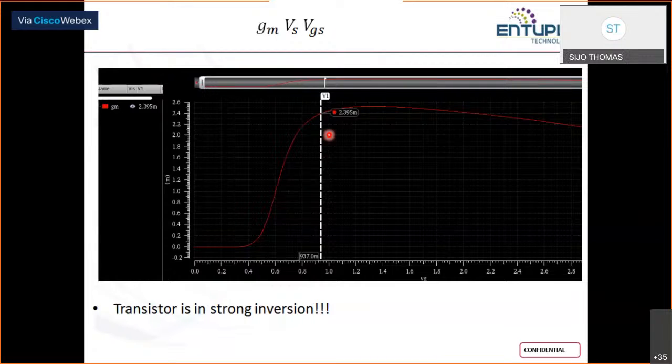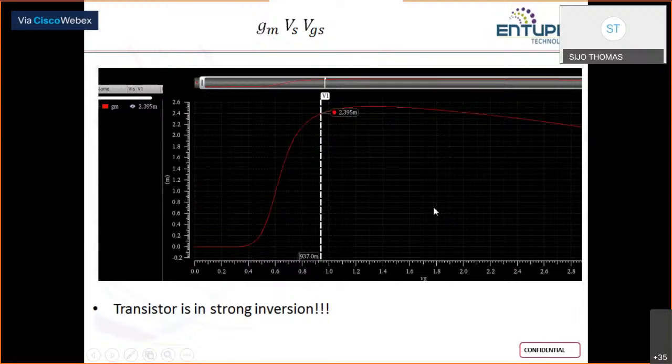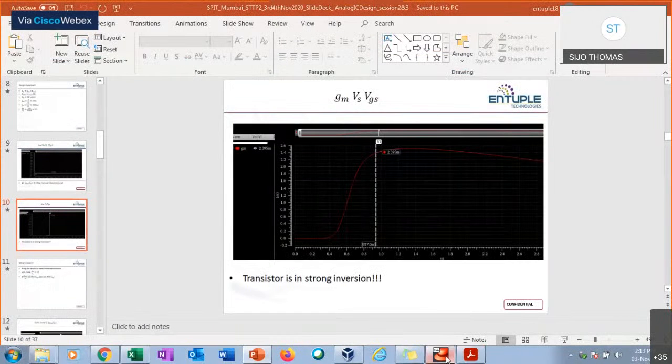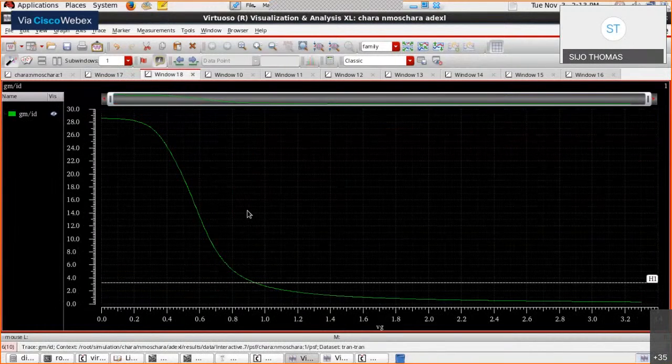If you look at the graph again in the tool, what I am trying to do is look at the gm/ID curve.